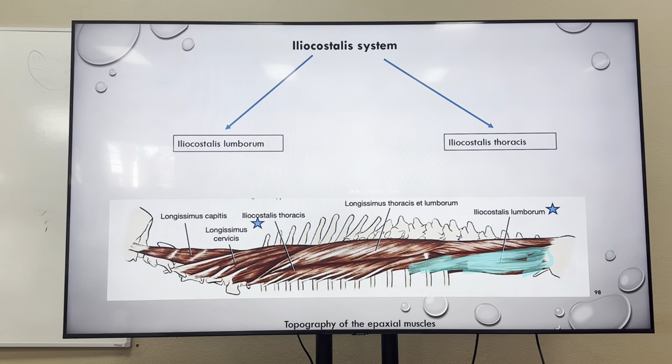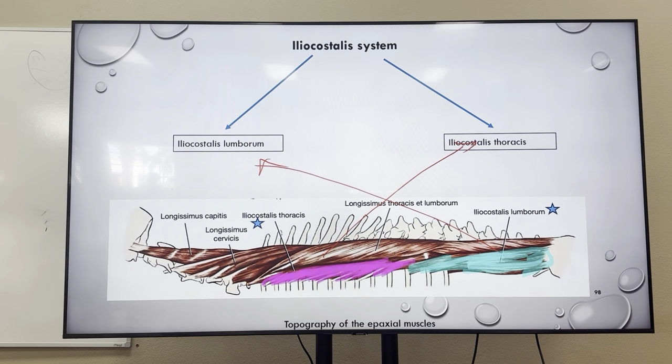Then iliocostalis thoracis extends towards the thoracic region, on the thorax. So these are the two muscle fascicles that we have.